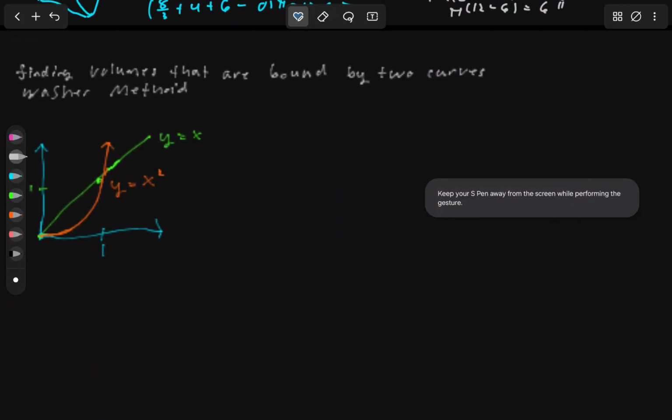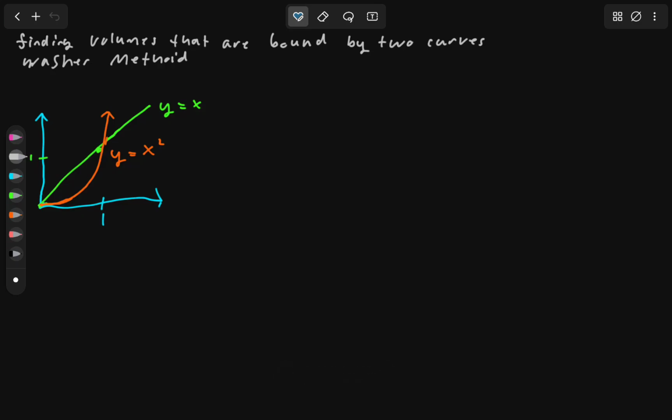Now we want to find a method for finding the area bound by two curves. And this is really called the washer method. What we're going to do with the washer method is recognize that this could be seen as the area of a bigger circle minus the area of a smaller circle.